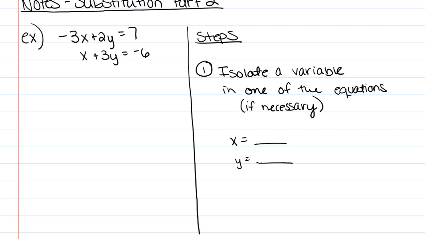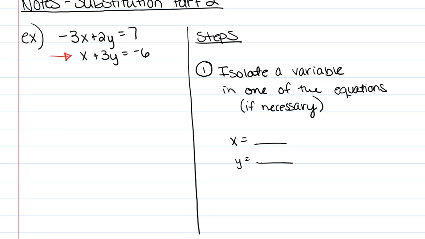That means x is isolated. Or y equals whatever. That means y is isolated. If you go to part 1, you'll notice that all of those examples already have a variable isolated. But in this problem, we don't have that yet.